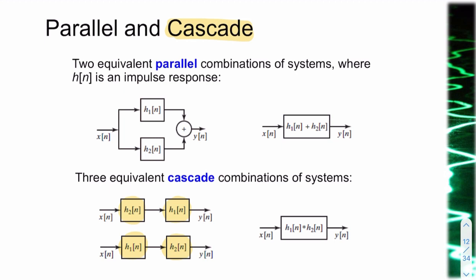What we didn't really speak about was parallel combinations. A parallel combination is where the input splits and goes into each of these two systems, and then the result is added together. So in a parallel combination, that gives you an equivalent impulse response of the sum of the two impulse responses. So these are not the same.